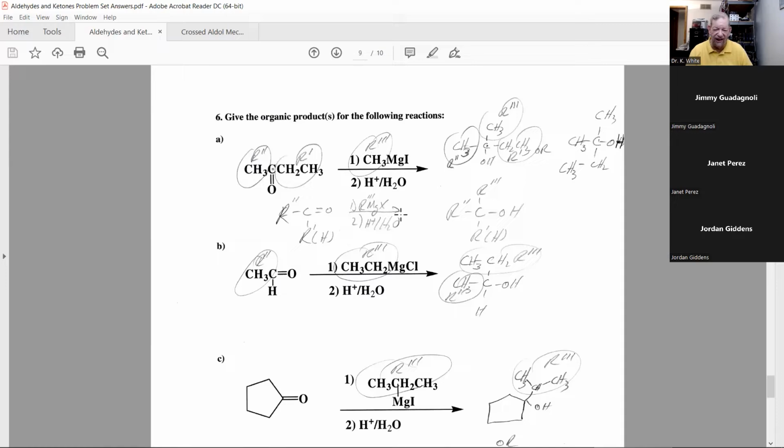In this case it's iodine. Second step, acid and water. What's attached carbon-wise to the carbonyl carbon still is. And now you do that special thing. You form a carbon-carbon single bond from the Grignard to what was the carbonyl carbon, which has opened this up to an alcohol. And here's the two different ways you can write that product.